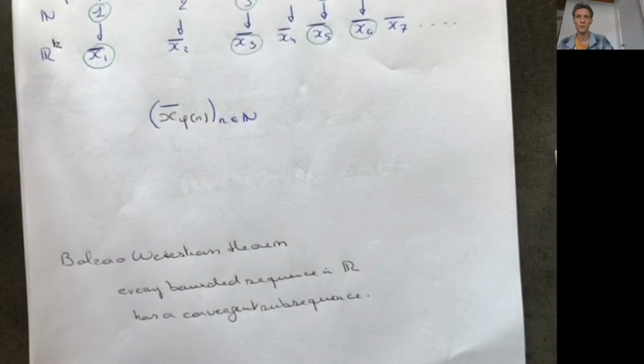It used this concept of tops: if there are infinitely many tops, then you have a sequence of tops that converges, and if there are only finitely many tops, we could generate a sequence that also converges.